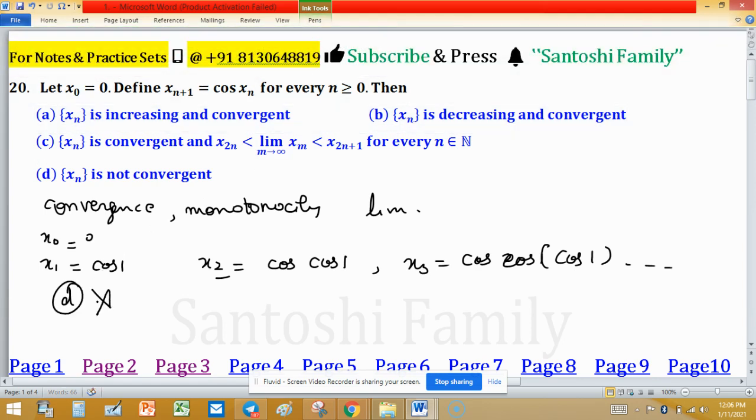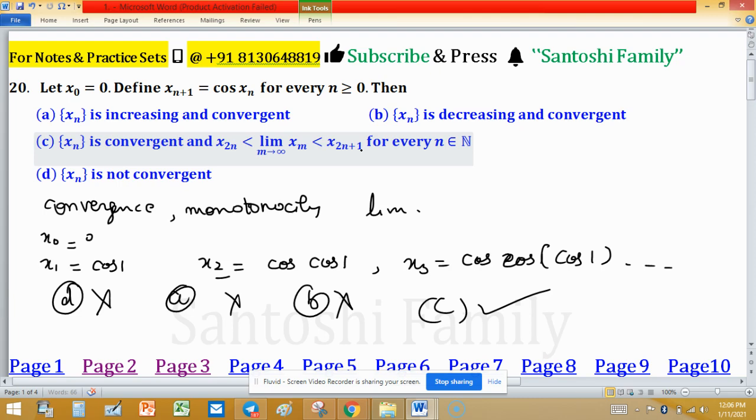And xn has two behaviors, one increasing and one decreasing. So at this discussion point, options A and B are also discarded. Now the left option is C, so it is true, and the limit of this sequence will lie between even terms and odd terms.